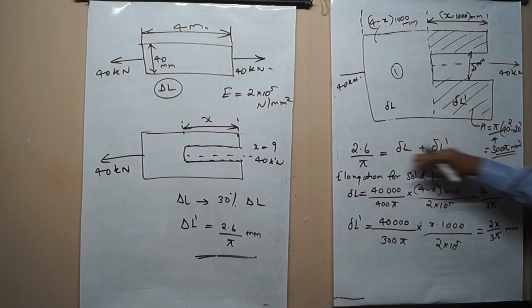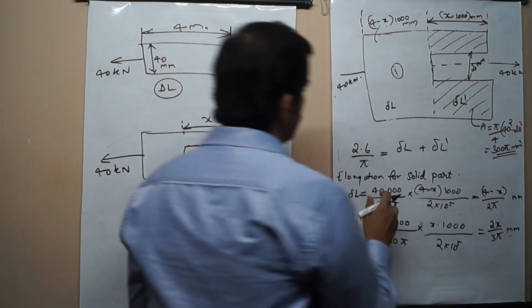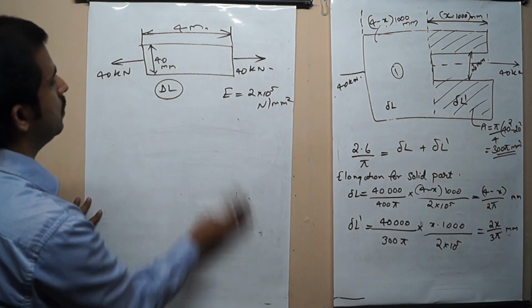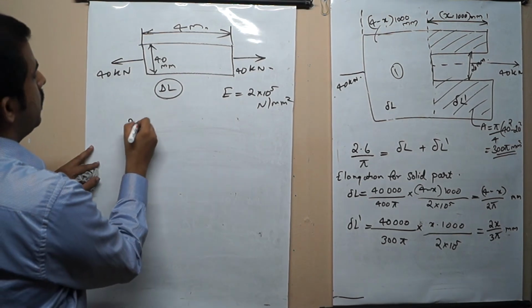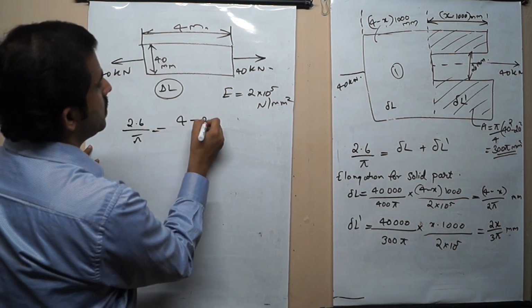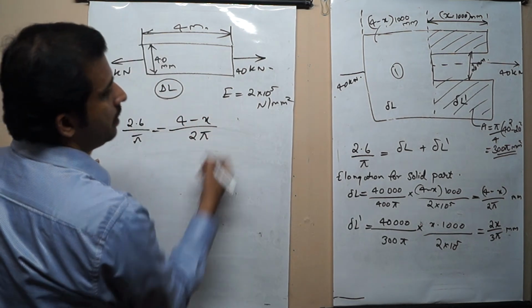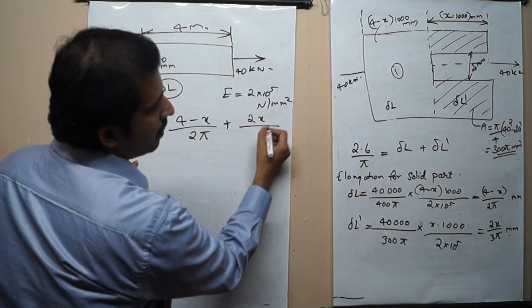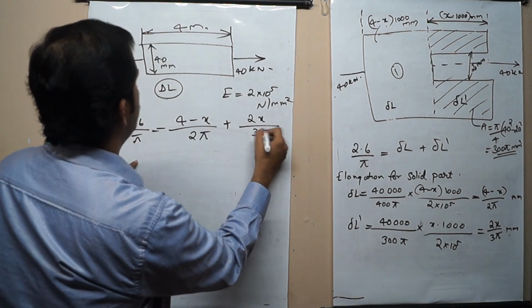So according to the relation, we can write 2.6 divided by pi is equal to 4 minus x divided by 2 pi plus 2x divided by 3 pi.